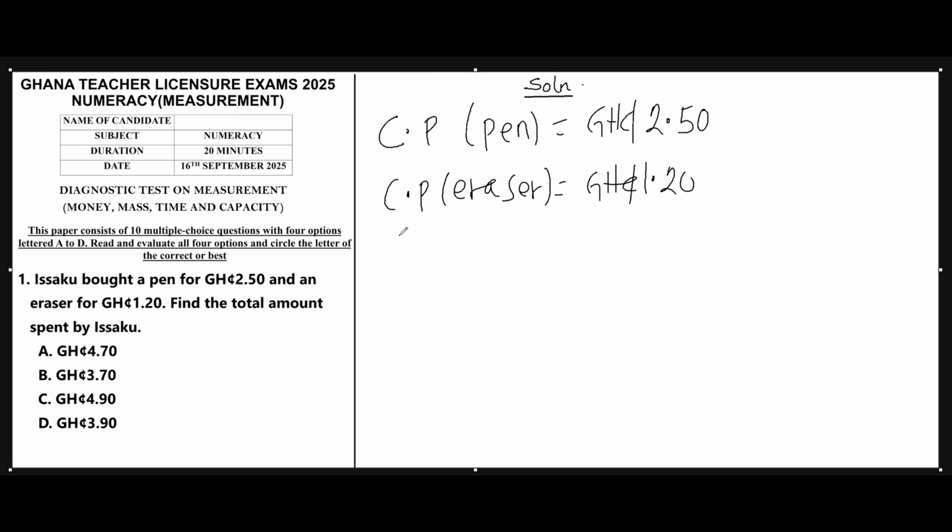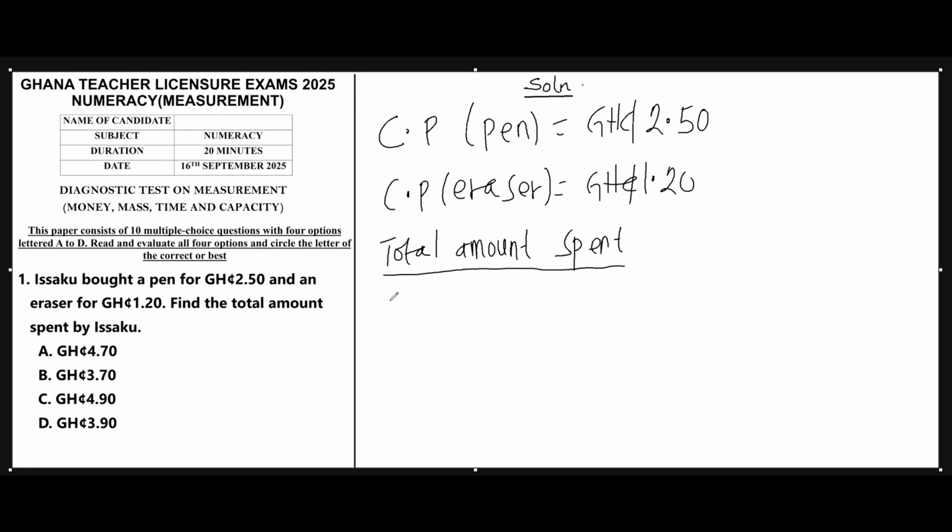Our goal is to find the total amount spent by Isaku. So the total amount spent by Isaku on these two items will be the sum of the cost of each of the items.